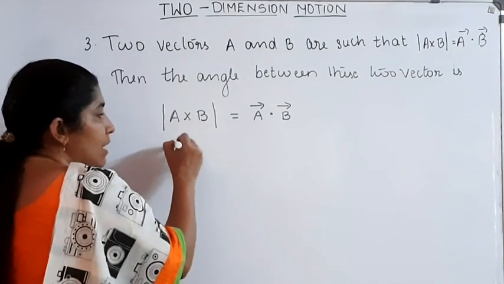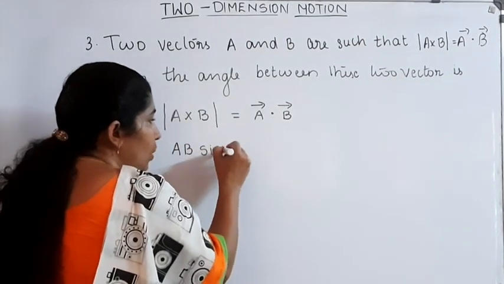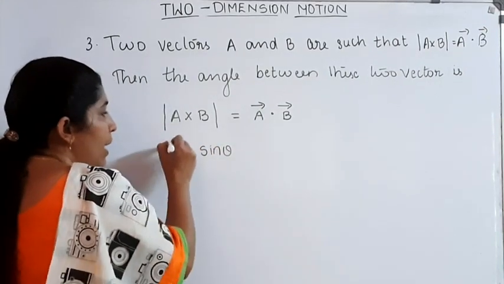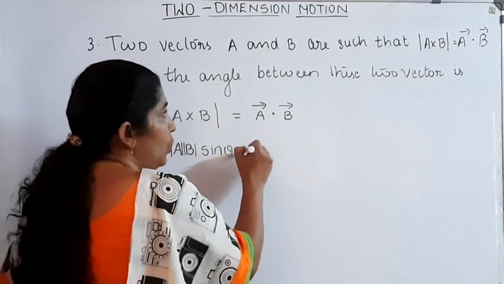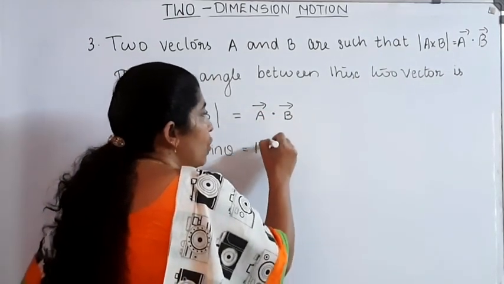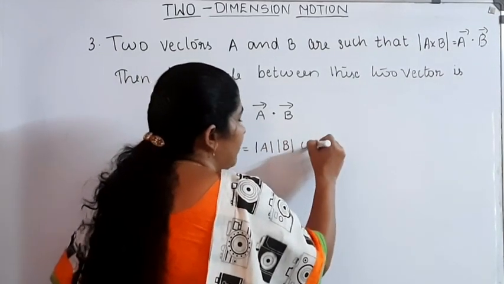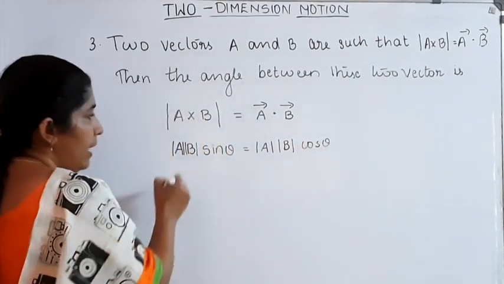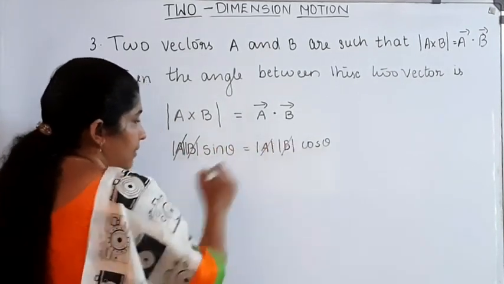A cross b is equal to ab sin theta. Okay, modulus of a, modulus of b sin theta. That's equal to, what about a dot b? A dot b is equal to modulus of a, modulus of b cos theta. Okay, then ab get cancelled.